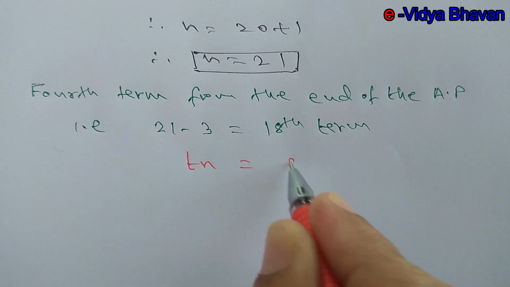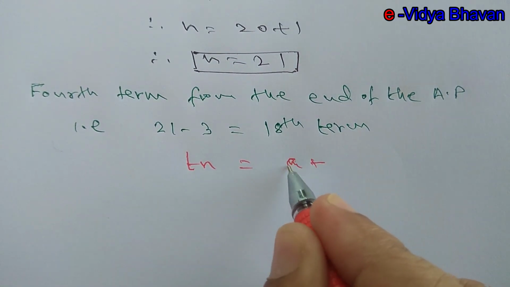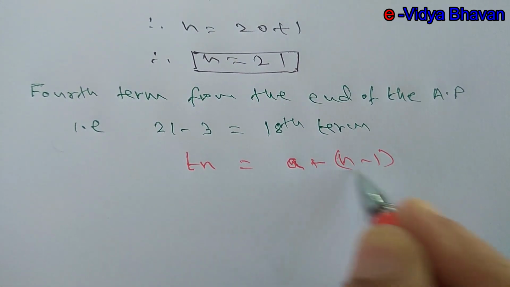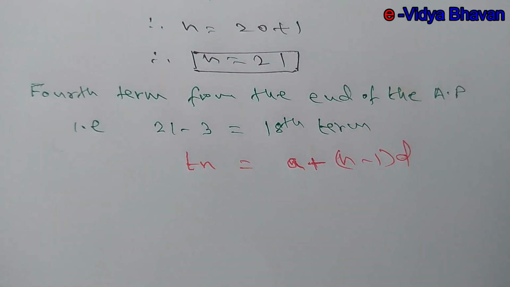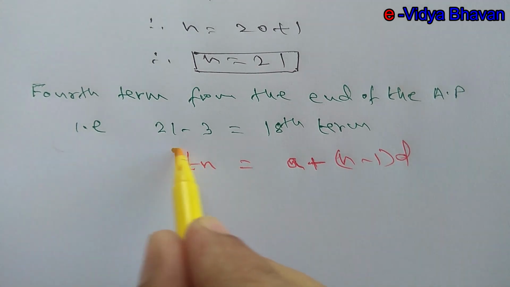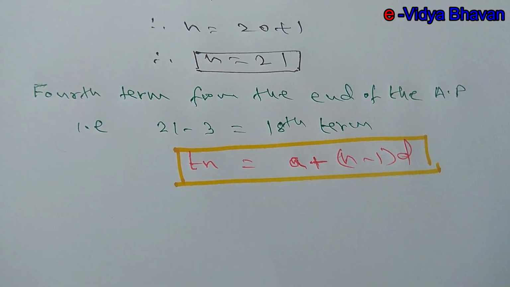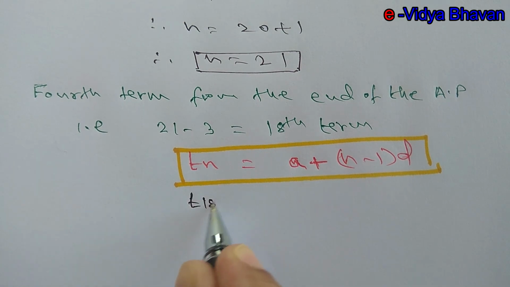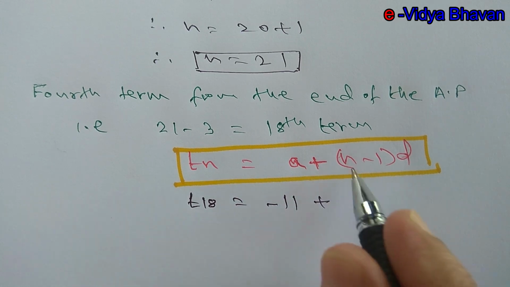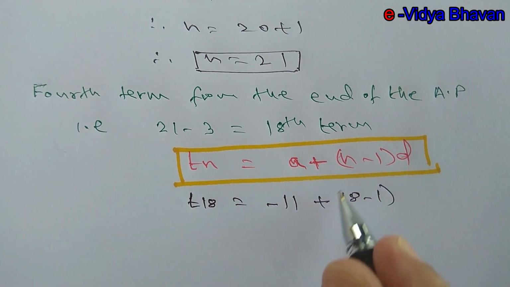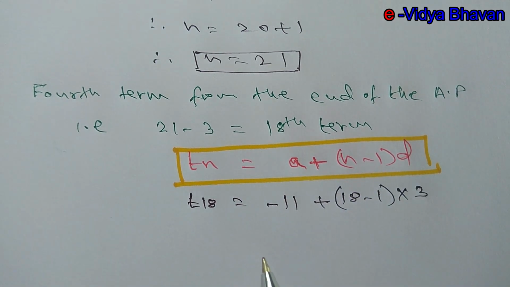Tn equal to a plus n minus 1 d, and then let's substitute the values here. T18, a we know is minus 11, n we know is 18 minus 1, and d we know is 3.